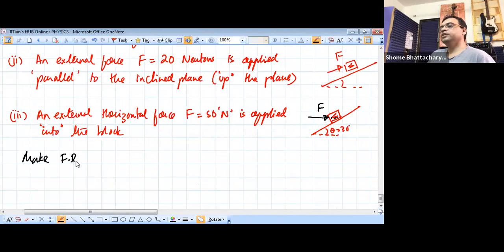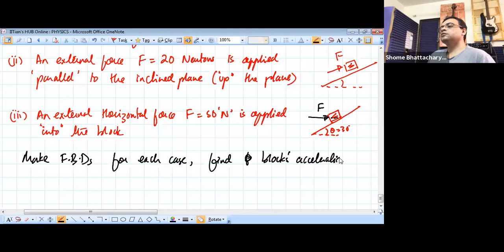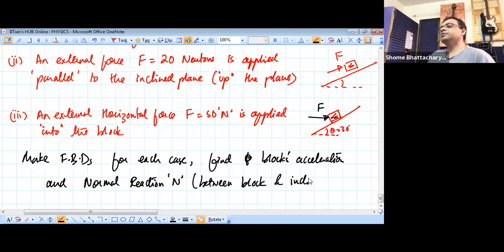So make three free body diagrams. For each case, find the block's acceleration and the normal reaction between the block and inclined plane.